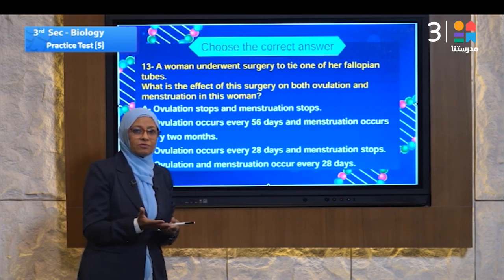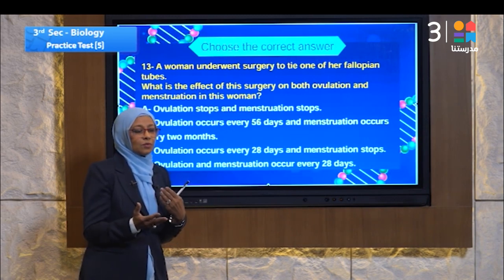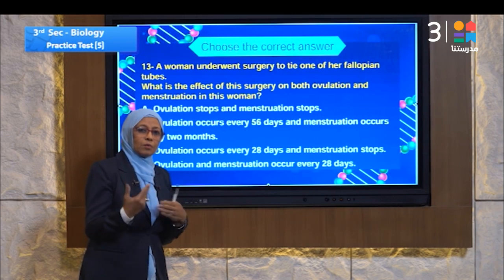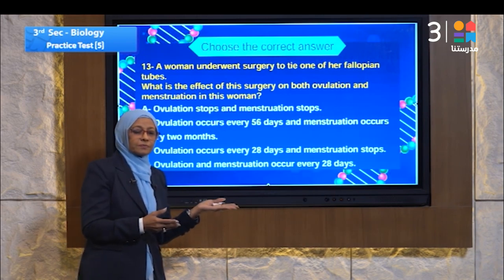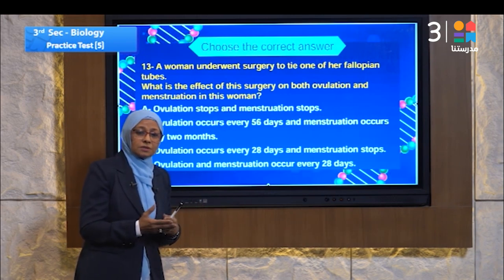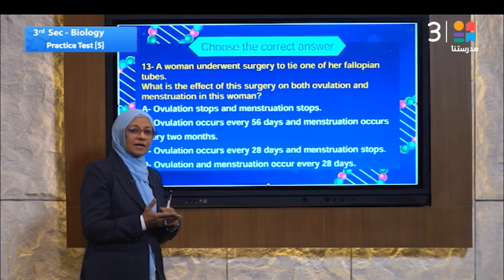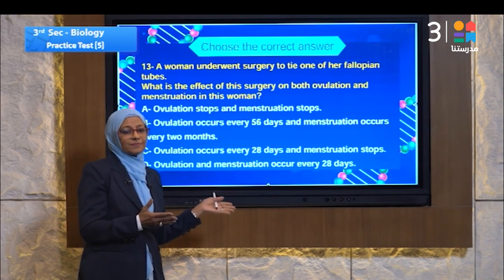What time do they make ovum? They make ovum monthly: one of the ovaries works and the other does not. So it works 28 days and rests 28 days, and each one does that.